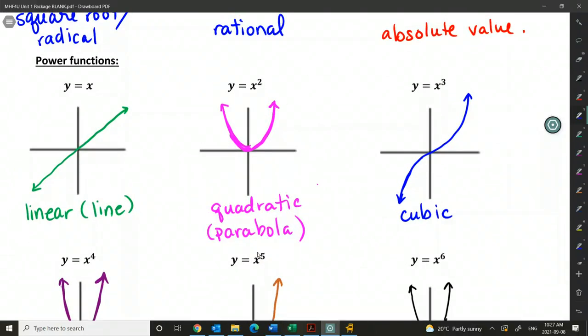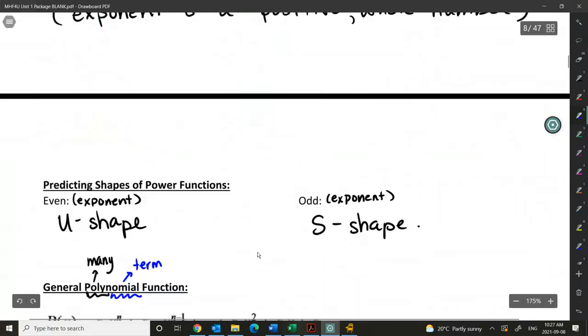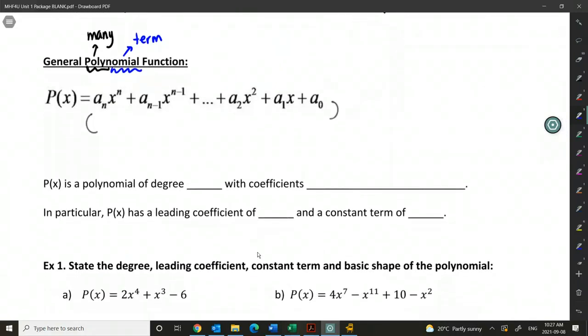I could say as well, this is still a polynomial, it's just a monomial, right? It's one term rather than more than that. So power functions fall under the umbrella of polynomials. We can still call these polynomials. But if it's a power function, it would just have the one term. Once we get into polynomials, we can have one or more terms in that expression.